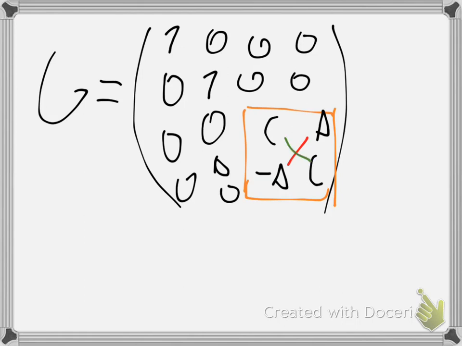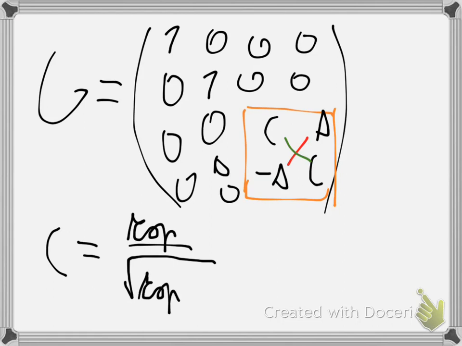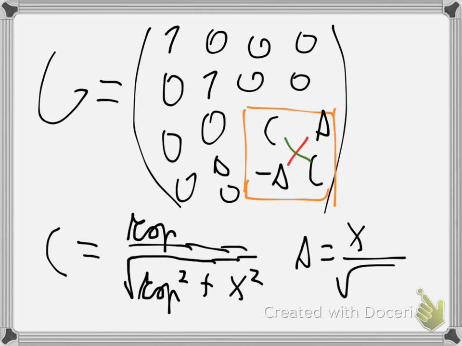Okay, and the formulas are given by cosine is equal to the top element of the vector, in the submatrix if you consider a submatrix, over the square root of this top element squared plus the element you want to eliminate squared. And sine is the opposite. It's the element you want to eliminate over the square root of this element squared plus the top element squared.